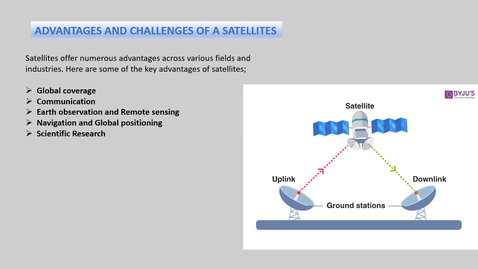Satellites facilitate scientific research in space exploration, astronomy, astrophysics, and other fields. Looking at the diagram beside, we see a satellite linking with a ground station. Now, have a look at all this: the satellite orbit, uses of satellite, satellite launch, and the advantages of satellite.